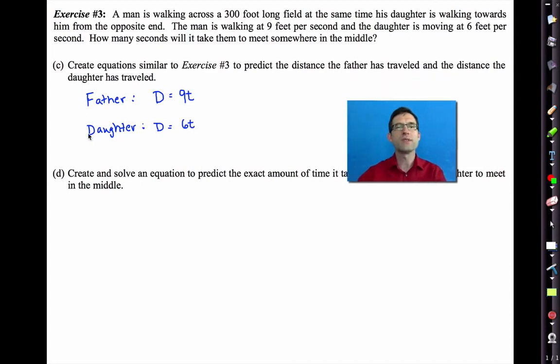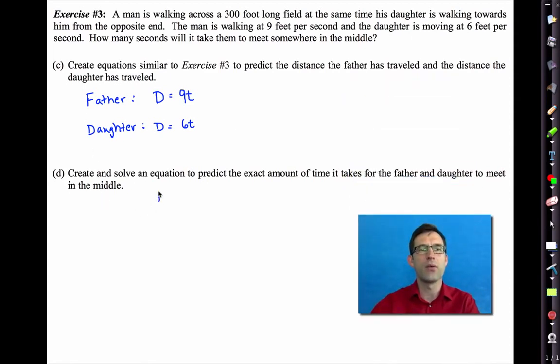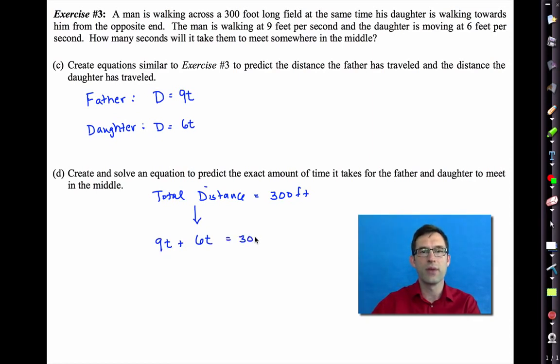Well, what we knew was that their total distance must be equal to 300 feet. But the total distance is given by the father's distance, 9t, plus the daughter's distance, 6t. So when I add 9t to 6t, I have to get 300.